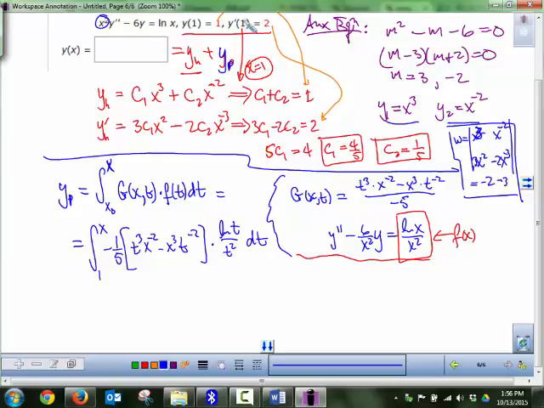Oh, the integral is g of t. So the g, I got a negative 5 in the denominator. I just took that out. This thing became a 1 because of this. Whatever is in here, if it's a 0, we put a 0 in. So they're either going to be 0 and 1.